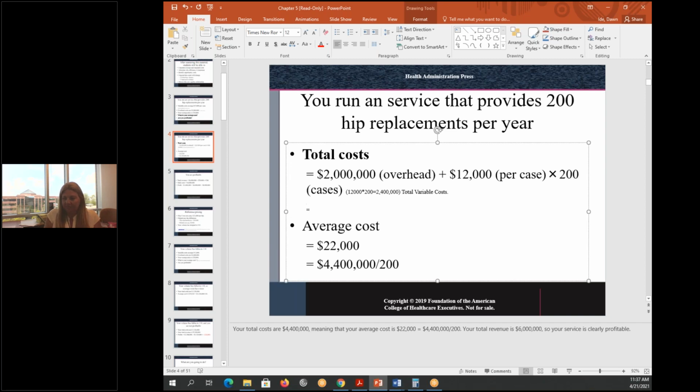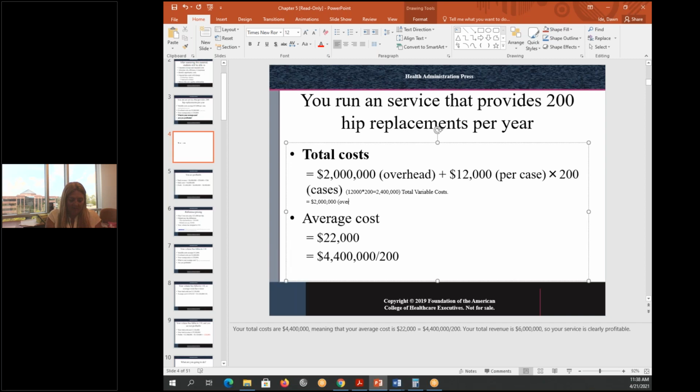So we took the 2 million in overhead, which we know we have, and we added to it the 2,400,000 in total variable costs.